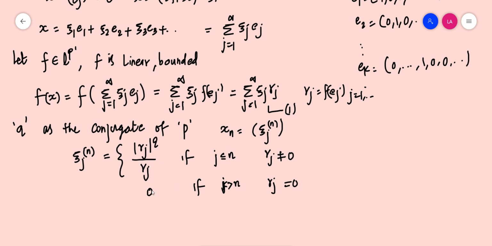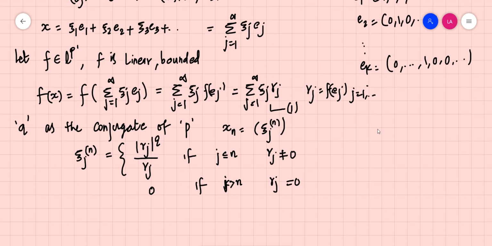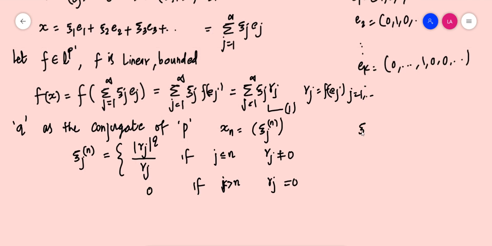After the nth term, this is 0. So up to the nth term, the first term of the sequence is modulus of gamma 1 the whole raised to q by gamma 1, second is modulus of gamma 2 the whole raised to q divided by gamma 2, etc., up to the nth term, modulus of gamma n raised to q divided by gamma n, and then 0, 0, 0. This is our sequence.